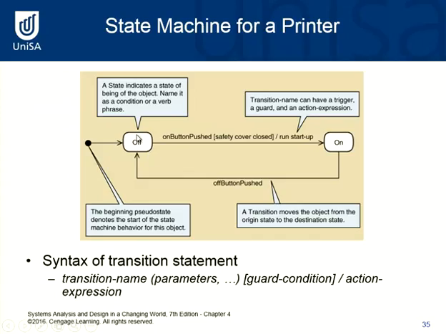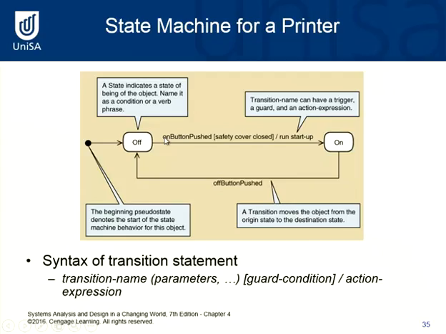Off. What we then have here is we need to have some sort of transition name to explain what happens or what triggers the printer going from the off state to the on state. And in this case, as it says, we can have a trigger, we can have a guard, and we can have an action expression.